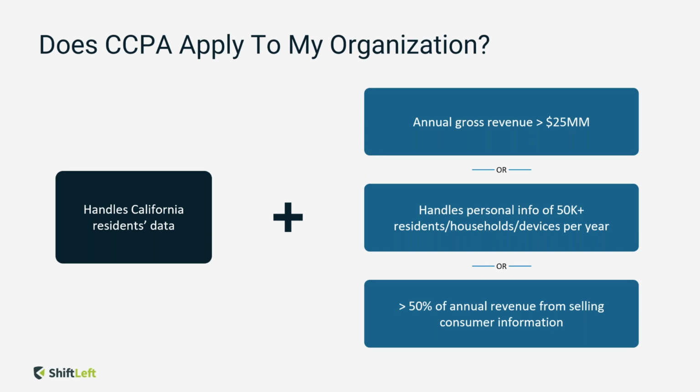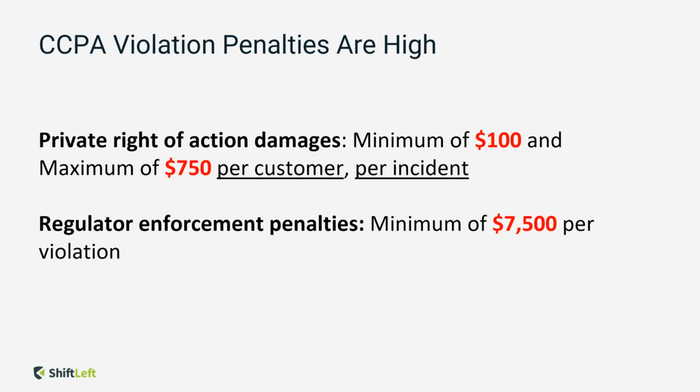Now, CCPA, what does it mean if you're not compliant? Well, the violation penalties are pretty high. At a consumer level, the private right of action damages, businesses are liable to pay a minimum of $100, a maximum of $750 per customer per incident.